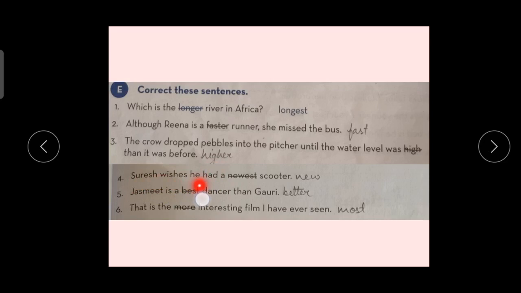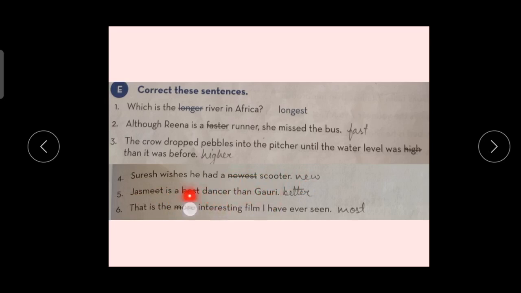Suresh wishes he had a newest scooter. Here it should be a positive degree, but here they have used the superlative degree. That's why we will cut newest and write the correct word new at the end of the sentence. Jasmeet is a best dancer than Gauri.